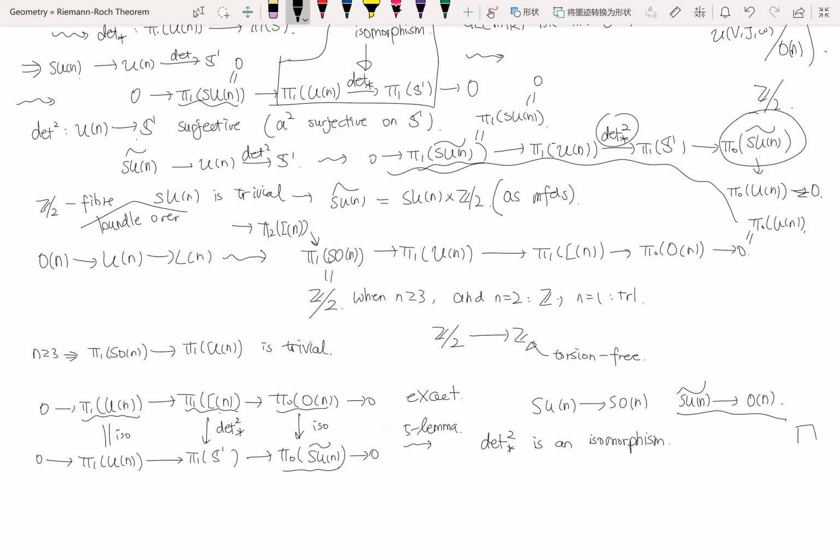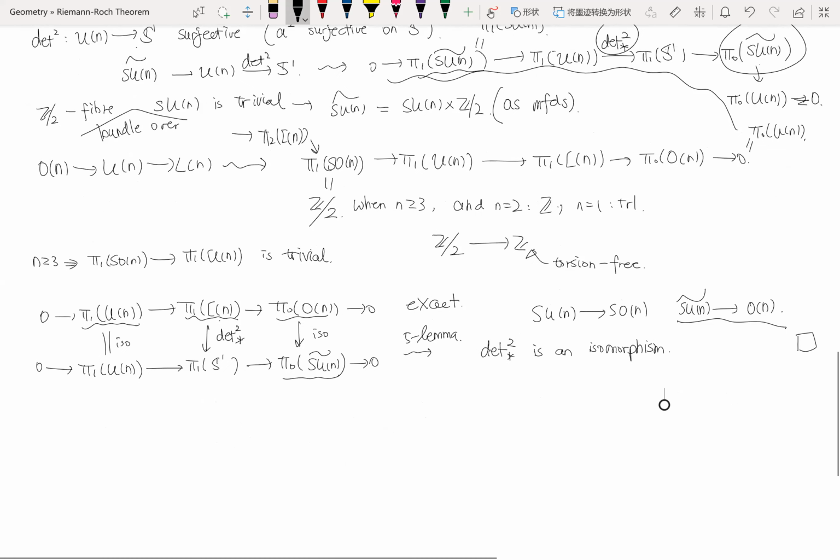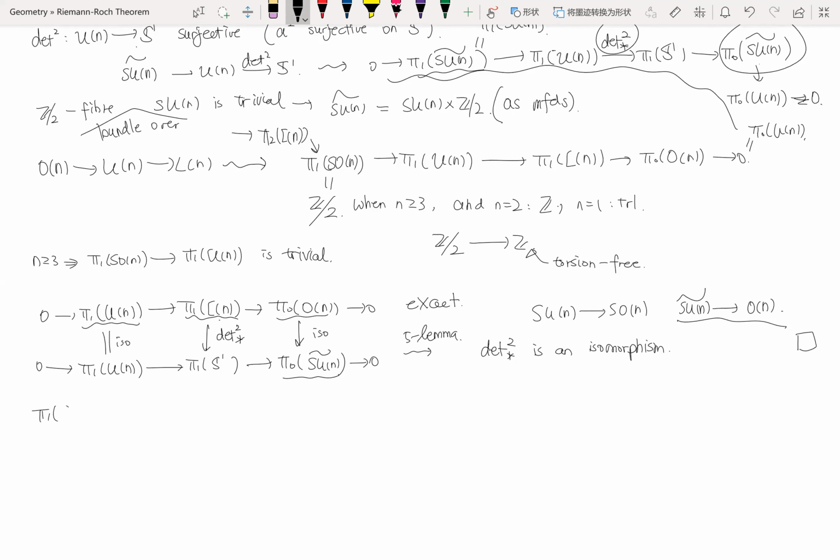This proves the claim because then we know that determinant star square maps pi 1 Ln to pi 1 S1, and it is equal to pi 1 of Rn, and via the same map to pi 1 of S1. So we know that determinant star squared serves as the Maslov index.